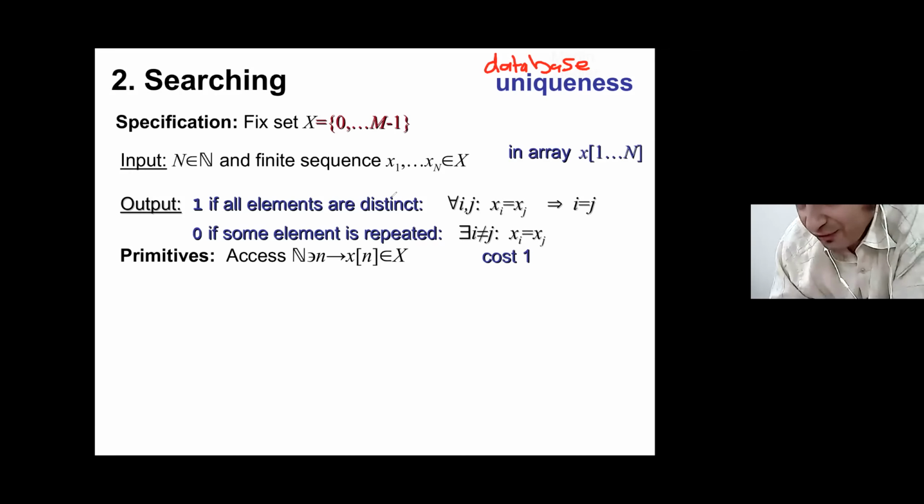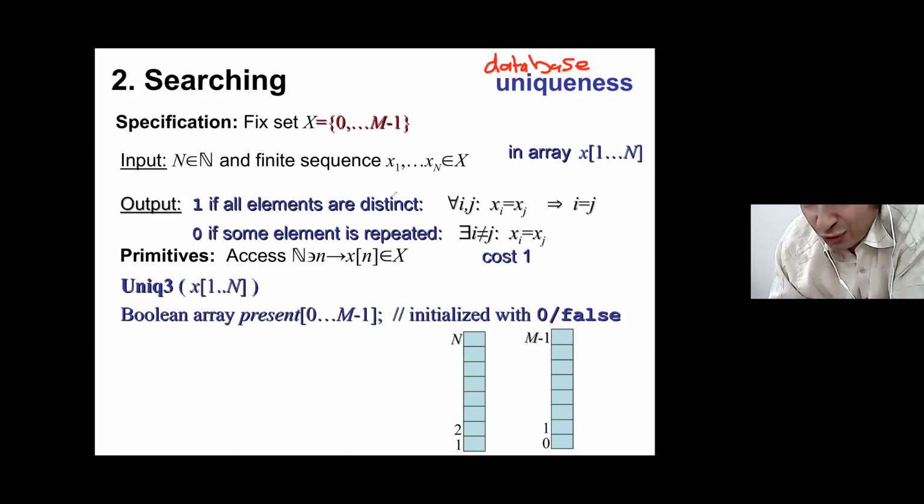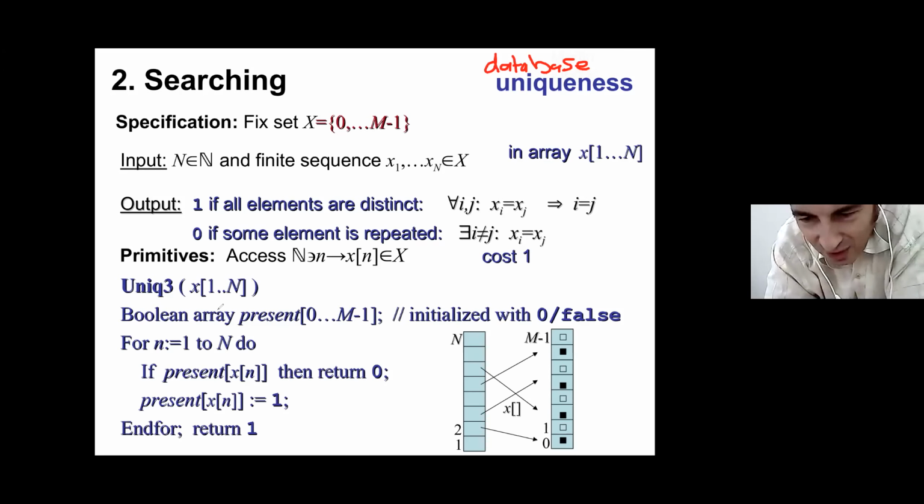The idea was to use the value of some of these elements as an index in an array, assuming that the values are non-negative integers. So you reserve this array and you use it as a database for whether xn was encountered or not.